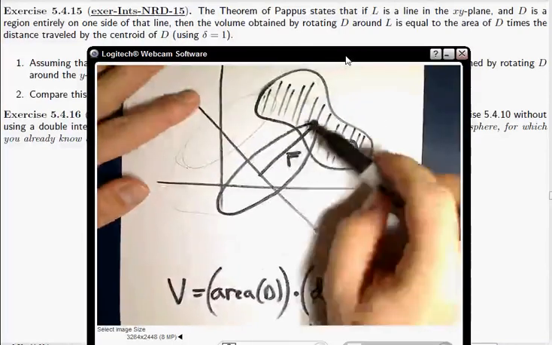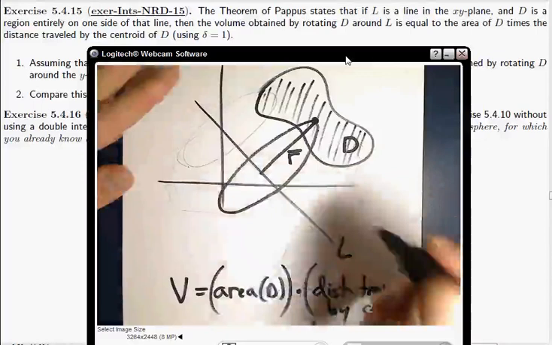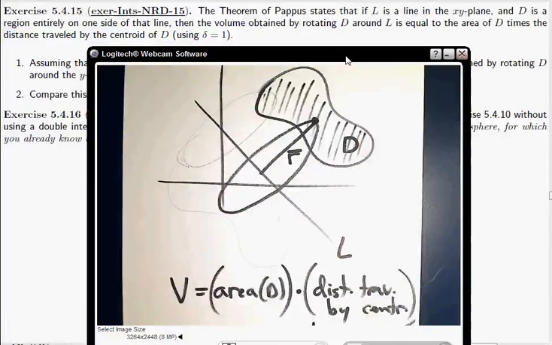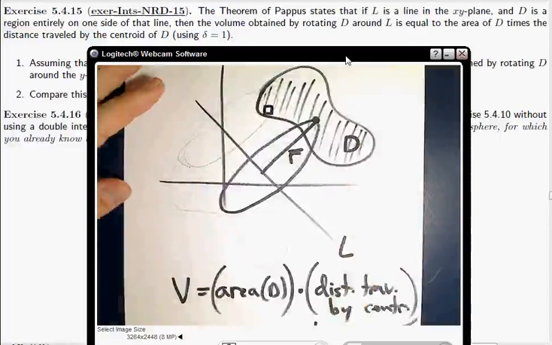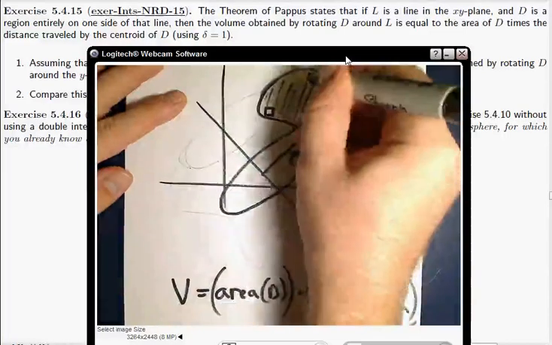Roughly speaking, the idea is that when you drag areas in some direction, they trace out a volume, and you just multiply the area times the distance. The problem is that some little bits of area don't travel as far as others when you rotate them around.